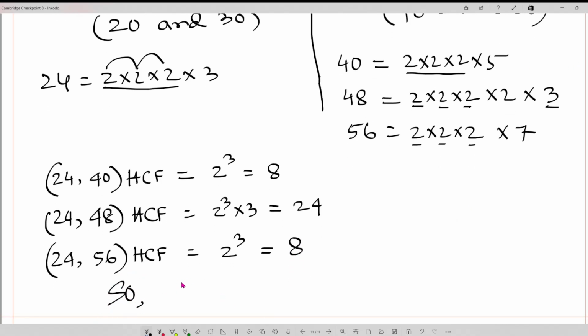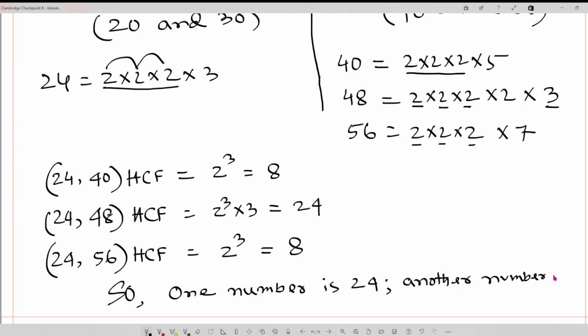So one number is 24, another number is 40 or 56, because with these numbers the HCF with 24 is 8, but 24 and 48 HCF is not 8.